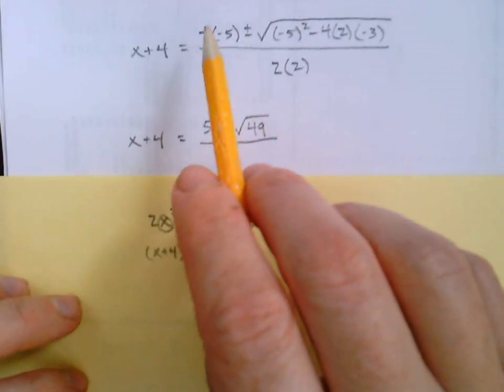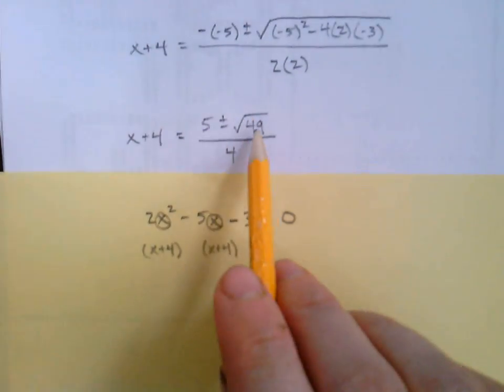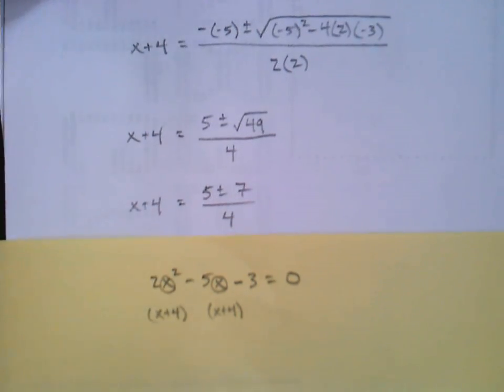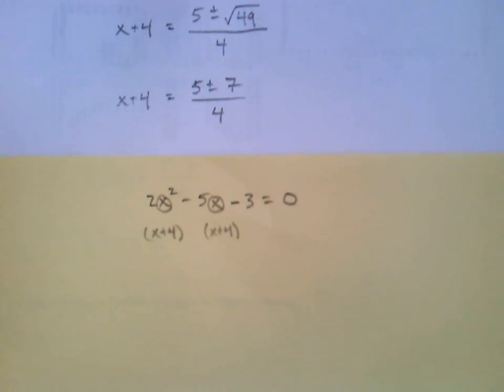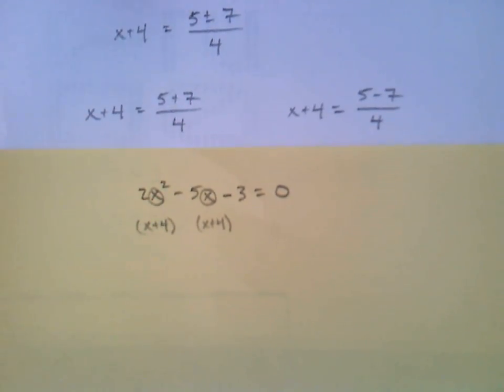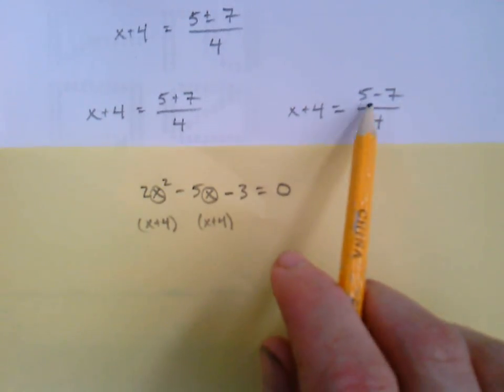We still get positive 5, 49 under here, 4. The square root of 49 is 7. 5 plus or minus 7 over 4, it's just equal to this now. And we then need to split it, just like this in the same way. Make it 5 plus 7 over 4, 5 minus 7 over 4.